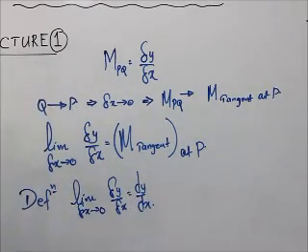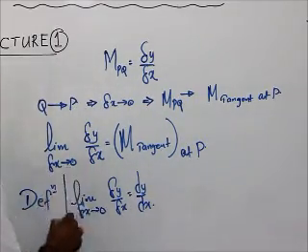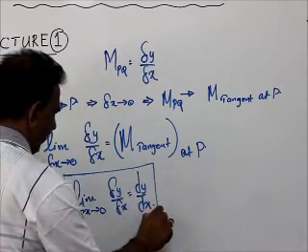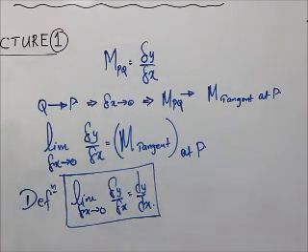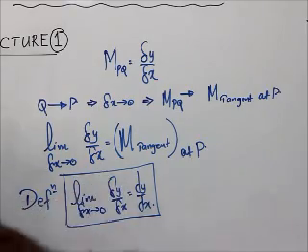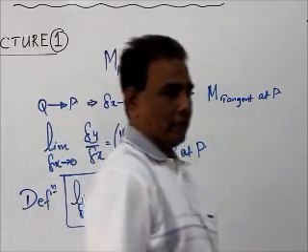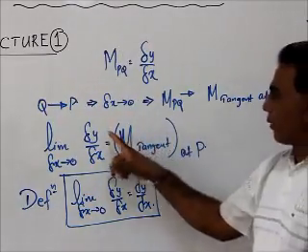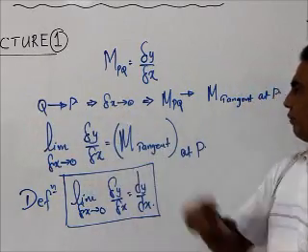This is the definition, so we can't ask why. So the limit of delta y by delta x, we know as dy by dx. So we can put dy by dx in place of this.